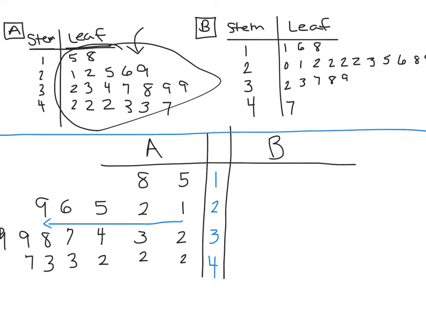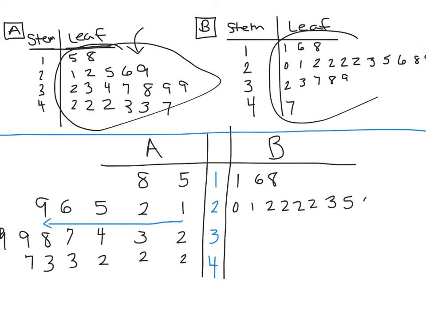Now I'm going to do the same thing with data set B. But since data set B is to the right of the stem, I can just keep these leaves as is. So I have a 1, a 6, and 8, a 0, 1, 2, 2, 2, 2, 3, 5, 6, 8, and 9.